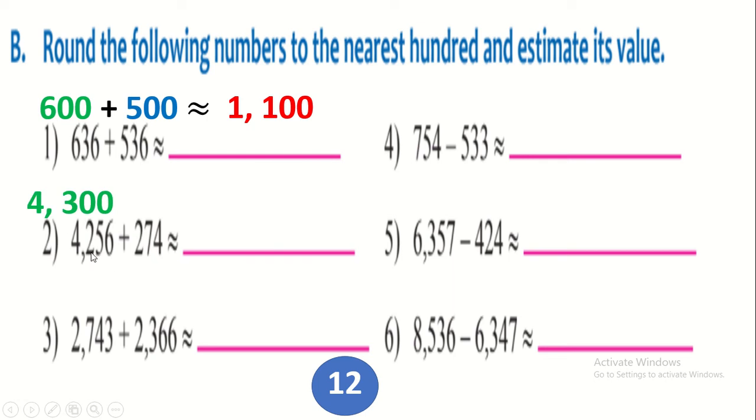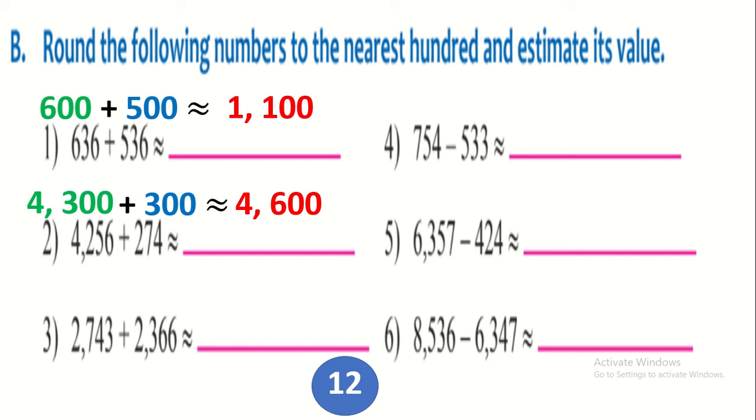Okay? And the next number is 274. The nearest 100 is 300. Then you add. Okay? 4300 plus 300. The answer is 4600.